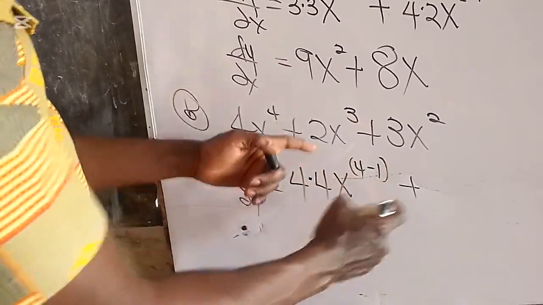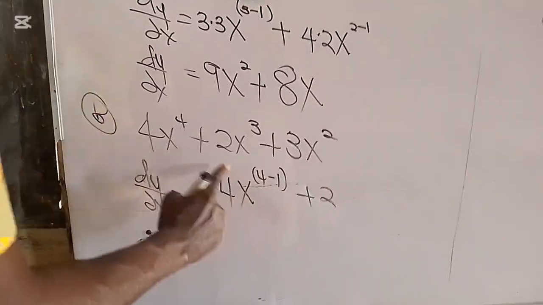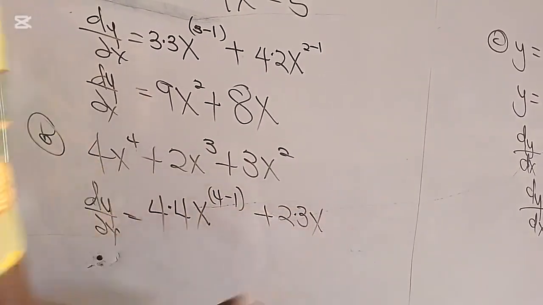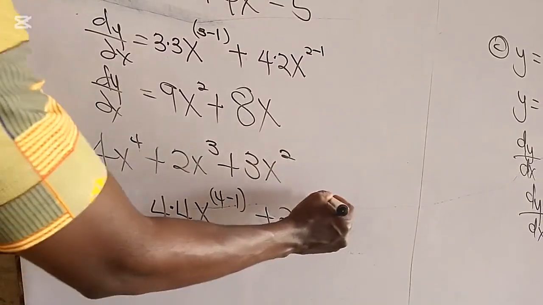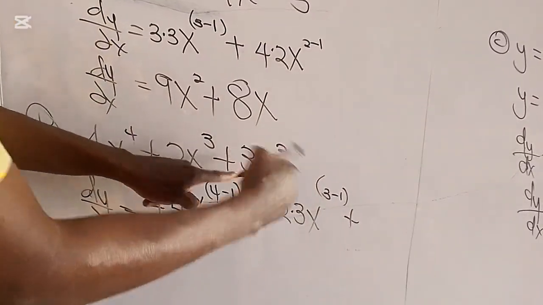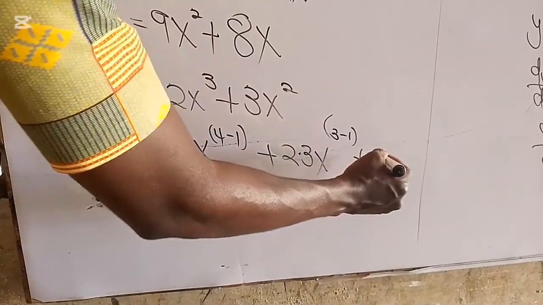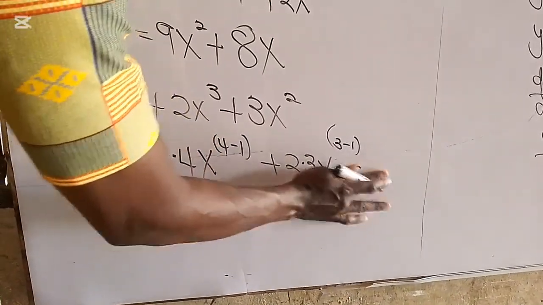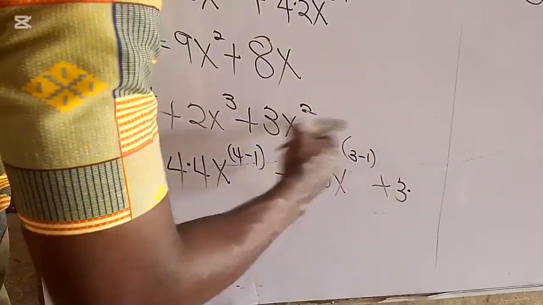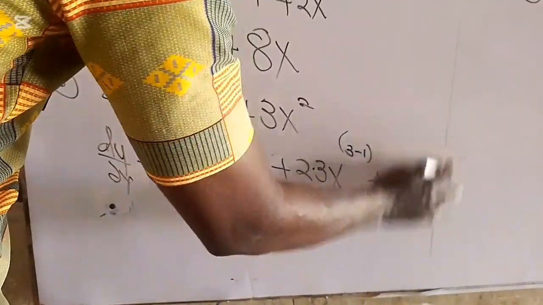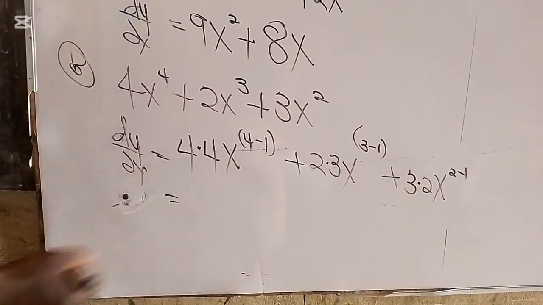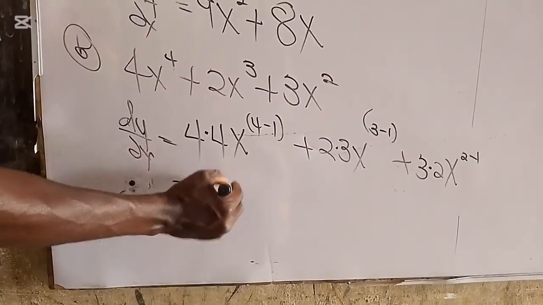We bring the 2, multiply by 3, then 3 minus 1. Plus, you drop the 2 to multiply the 3, which gives 3 multiplied by 2x, then 2 minus 1.